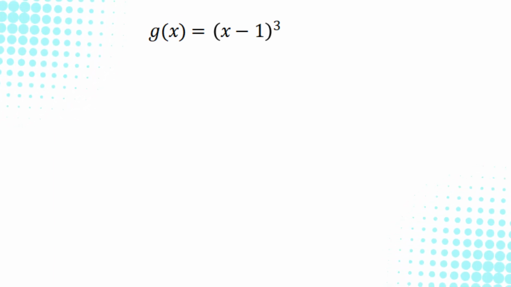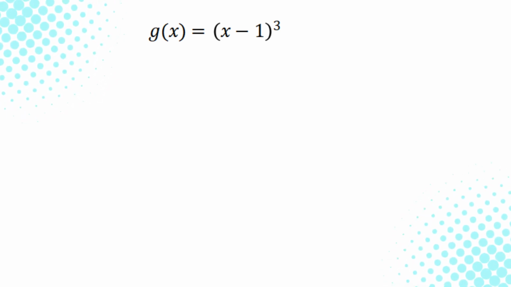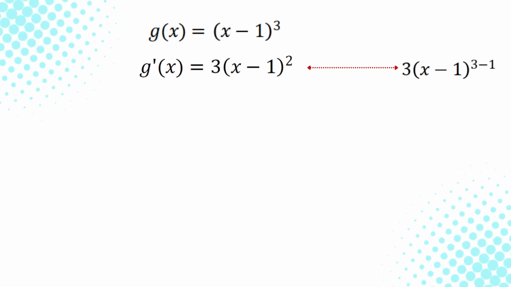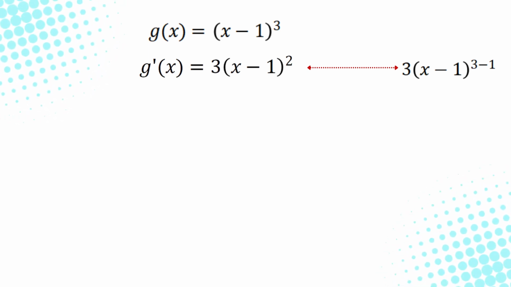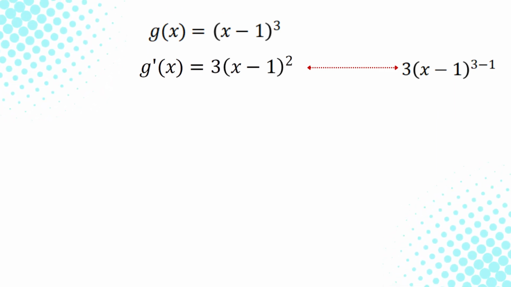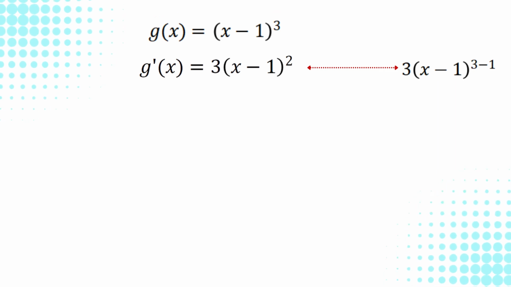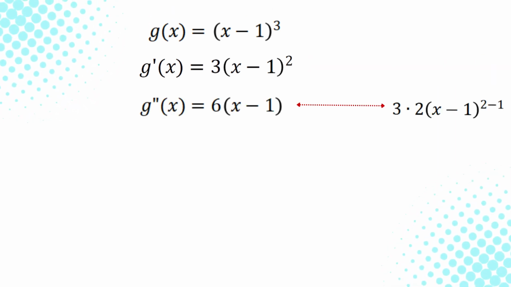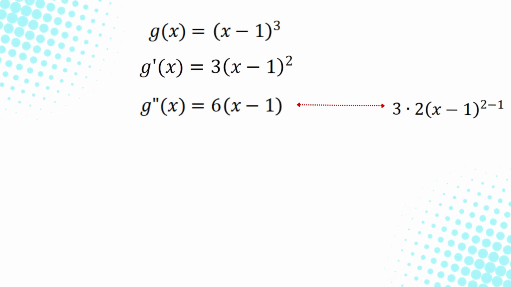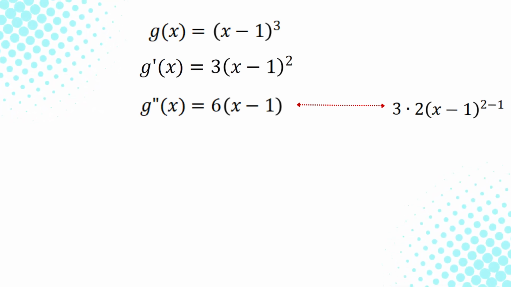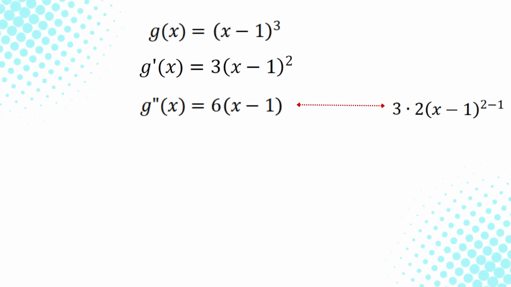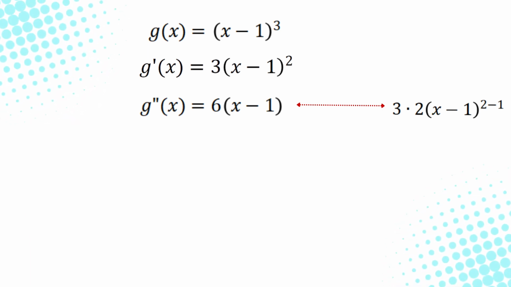The first derivative is g prime of x equals 3 multiplied by the quantity of x minus 1 squared. And the second derivative is g double prime of x equals 6 multiplied by the quantity of x minus 1.